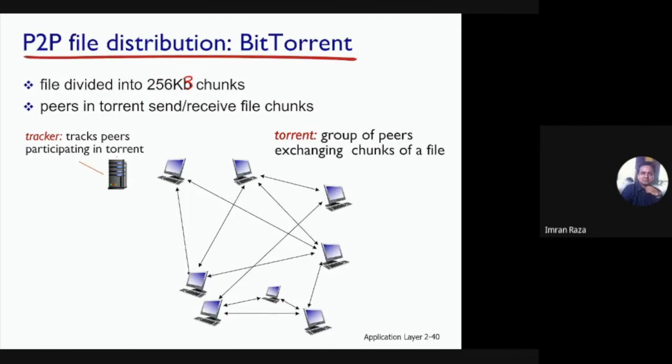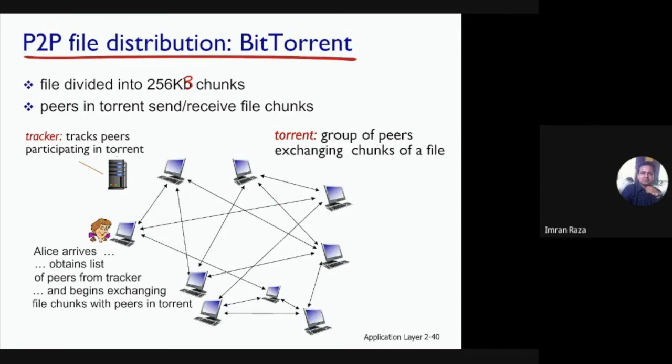Let's assume that Alice arrives in the system and wants to access a certain file. She obtains a list of the peers participating in that specific file sharing process, which we call a torrent. This tracker provides Alice a list of the peers participating in the exchange of a particular file.